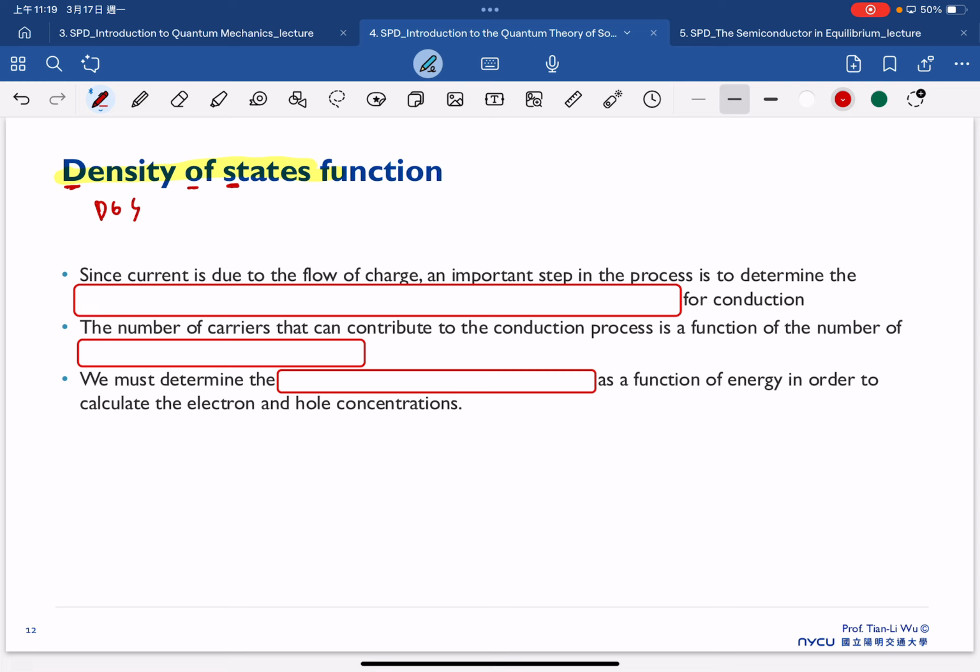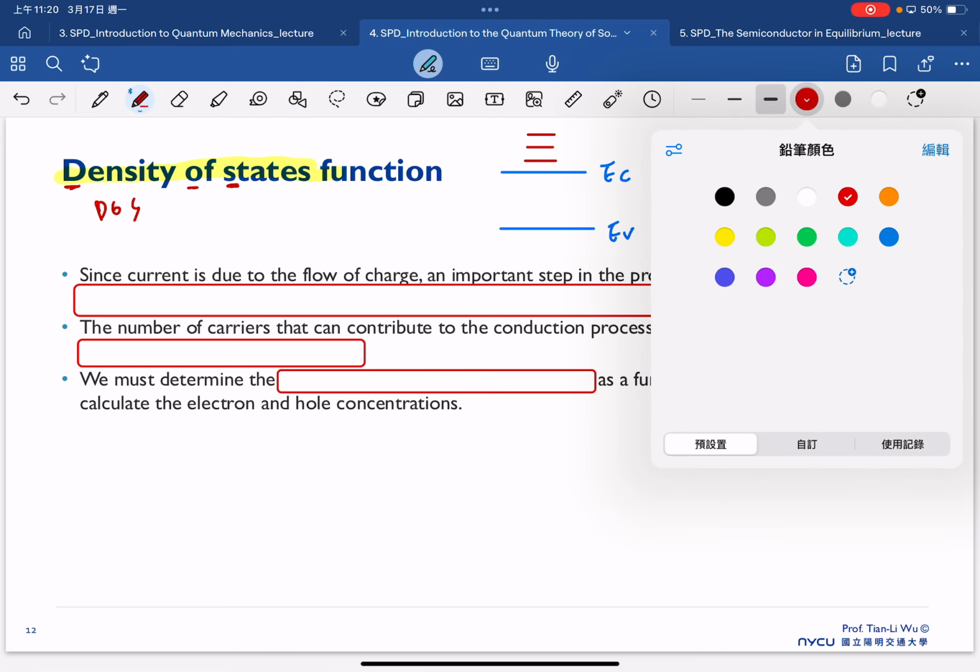Let's say you have the band diagram with EC and EV. Of course, in the forbidden band, inside the band gap, there's no energy state, because ideally we cannot have one. But we all know there's a state here. These are the empty energy states.